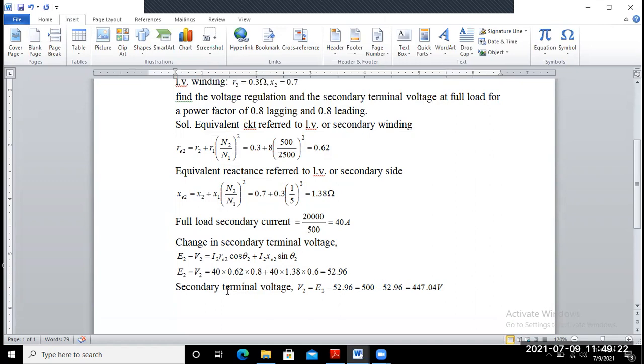So secondary terminal voltage V2 is equal to 447.04 volt.